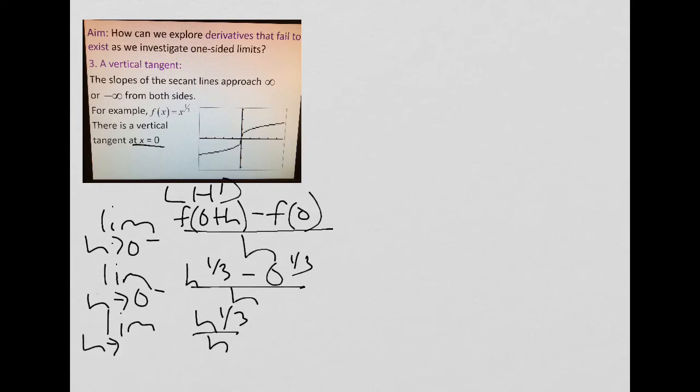And we have to keep simplifying. So that's the limit of h to the negative 2/3 power. And again, we need to look at the graph of this to determine its value. So I'm going to pull that up in a minute while I write out your right-hand derivative.